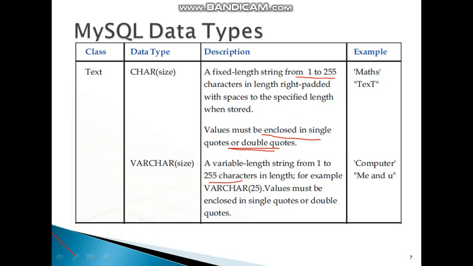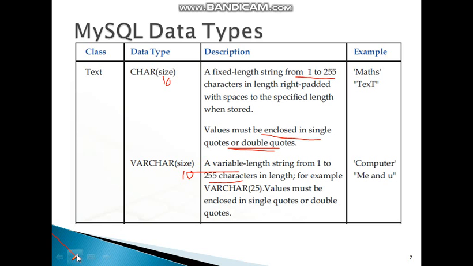Then what is the difference between these two types? I will explain that with the help of an example. Suppose I am declaring CHAR of 10 and another VARCHAR of 10. Then what is the difference between these two?